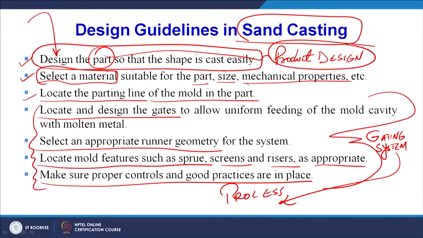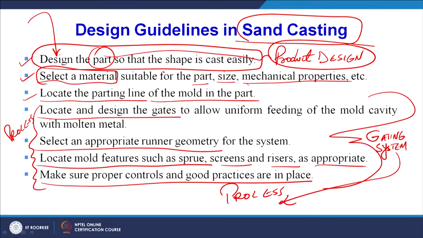Once the product is designed, keeping in mind the guidelines, all these 4 points, location and design of gates, appropriate runner geometry, design of sprues and risers, all that takes place at the second stage. First stage is the product that we have designed, which has to be made by the casting process. Other things, as I have already highlighted, are related to the process.